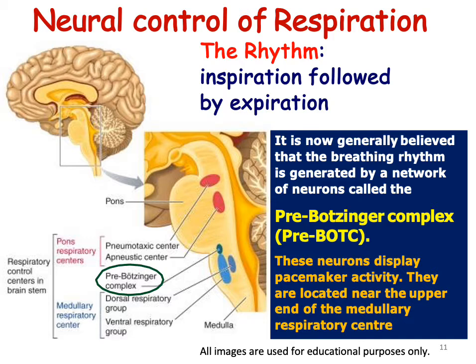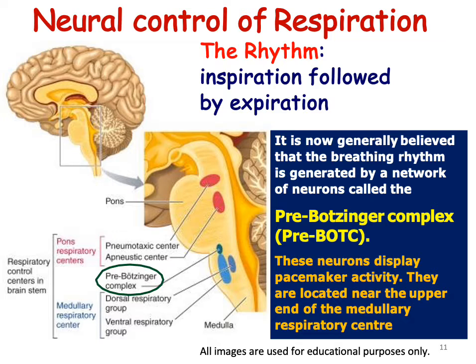So the neural control of respiration involves inspiration followed by expiration. The rhythm is provided by the pre-Bötzinger complex or pre-BötC. The pre-BötC is a network of neurons that is involved in generating the breathing rhythm.